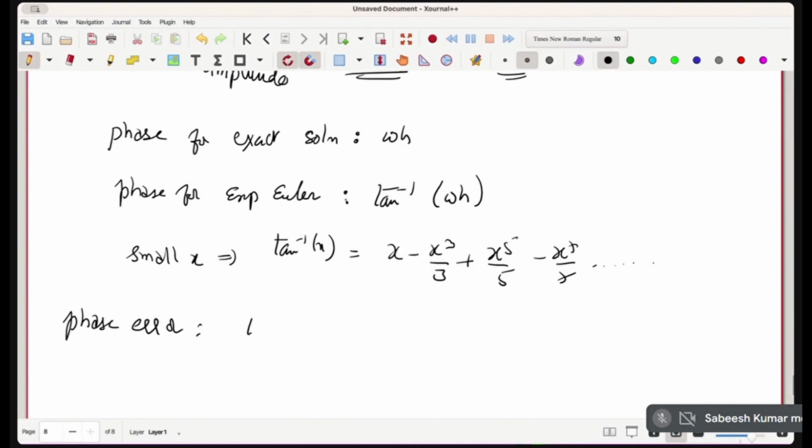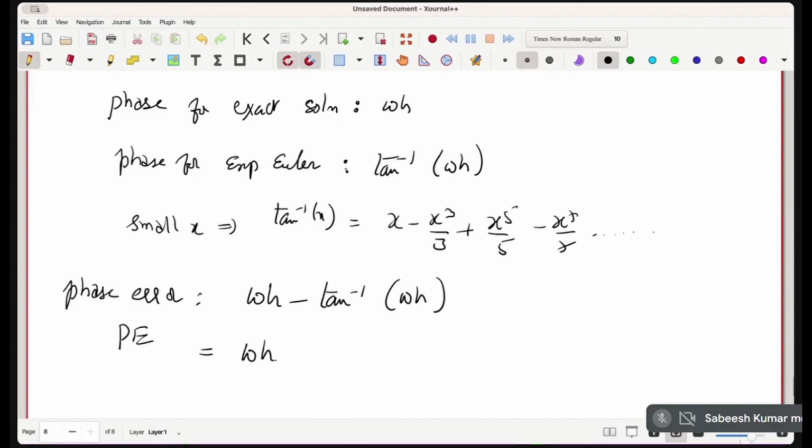That is omega h minus tan inverse omega h. If I substitute omega h in place of x, we get omega h minus omega h plus omega cubed h cubed by 3 minus omega to the power 5 h to the power 5 by 5 plus omega to the power 7 h to the power 7 by 7, and so on.